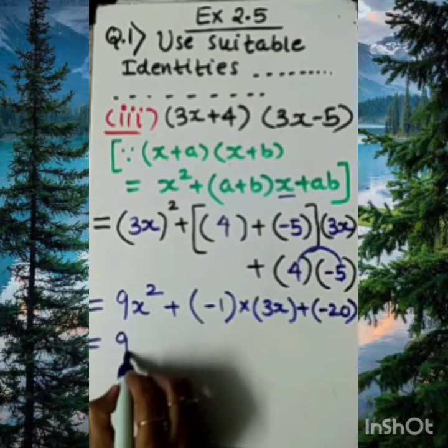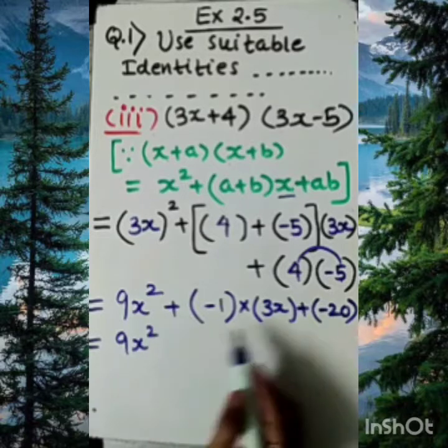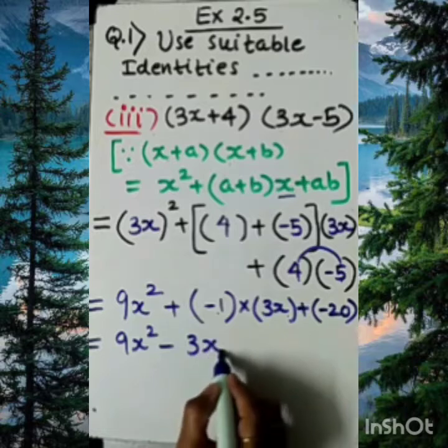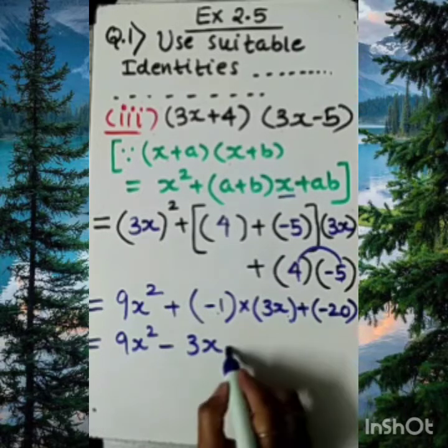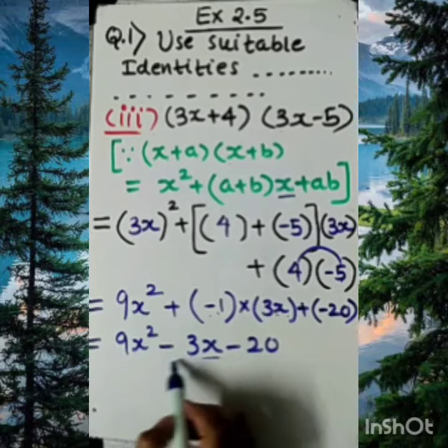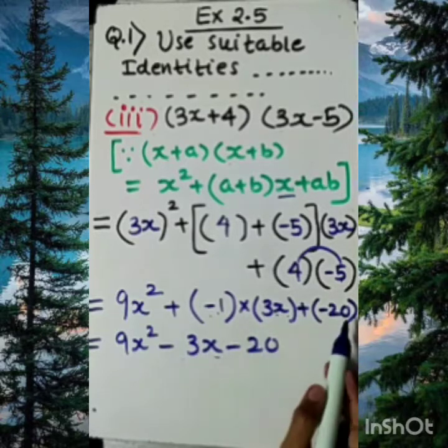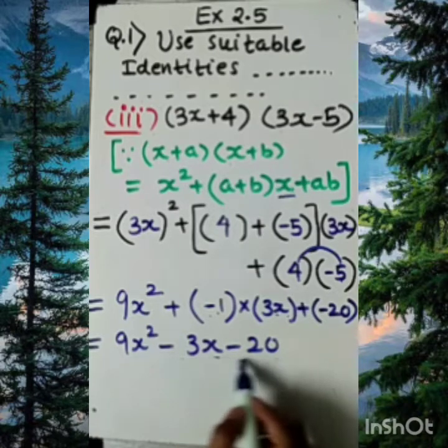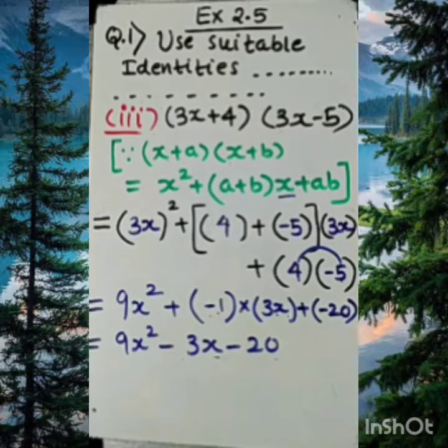So my dear student, here 9x square, 3x into minus 1 gives the result minus 3x, and this is minus 20. So this is the required solution.